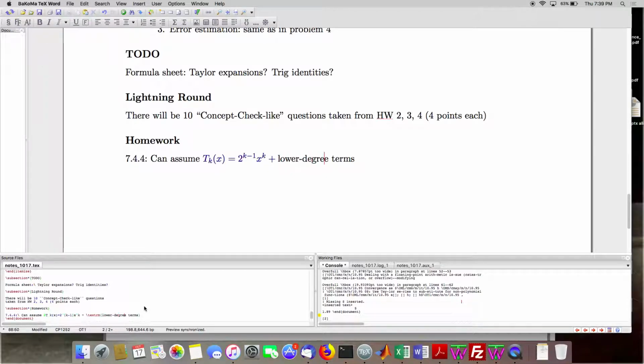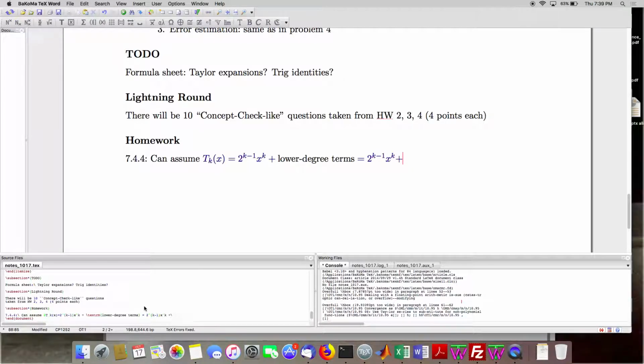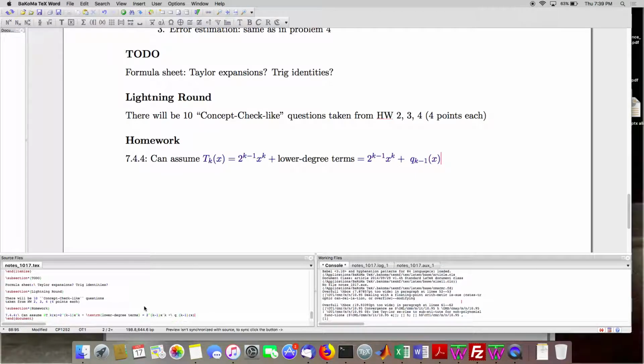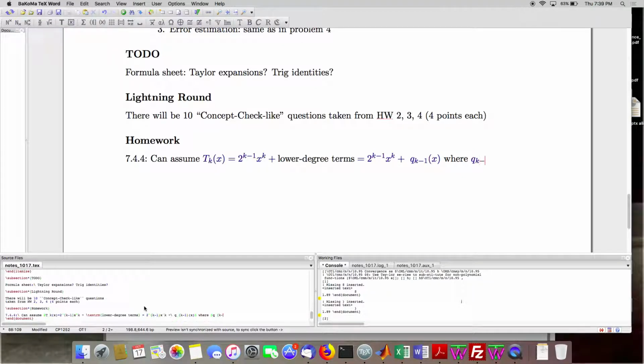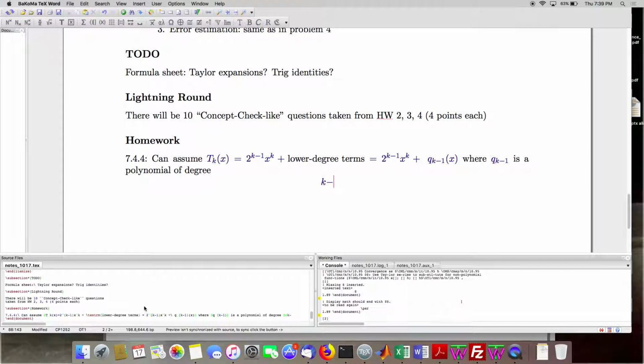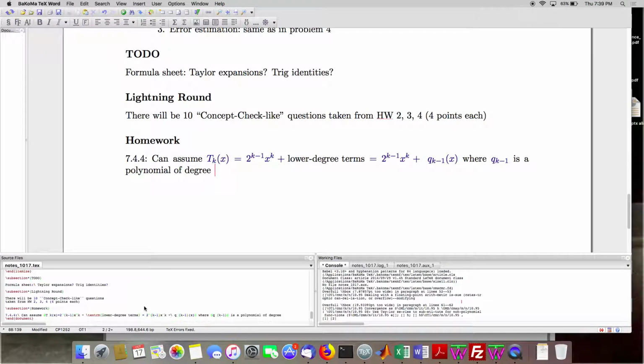Or more concretely, 2^(k-1) x^k plus some polynomial which I'll call q_(k-1) of x, where q_(k-1) is a polynomial of degree k minus 1. So you're allowed to literally write this in there.